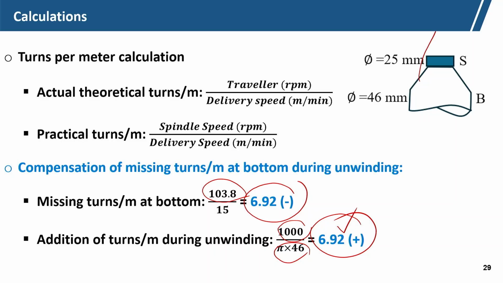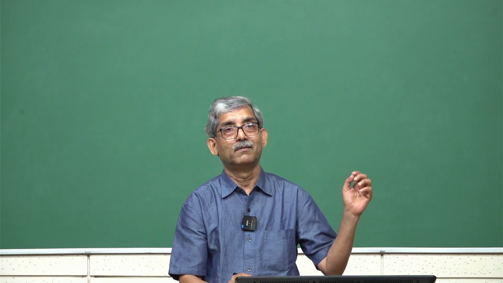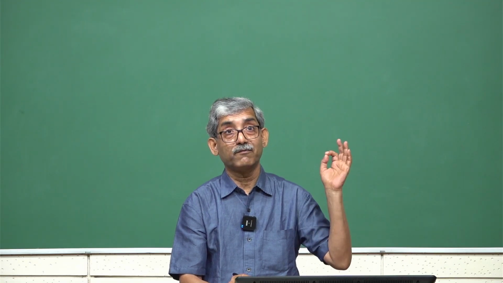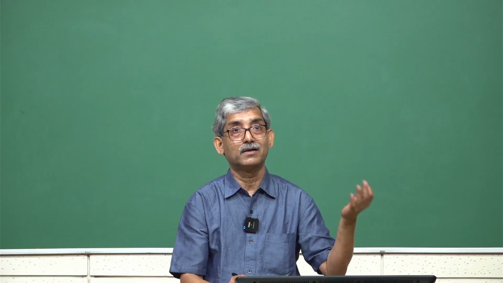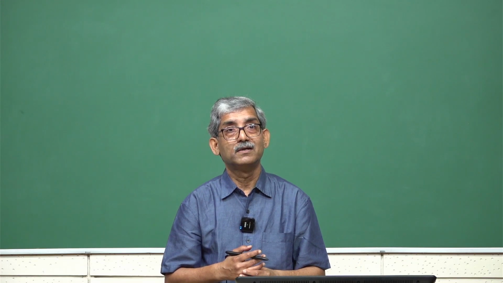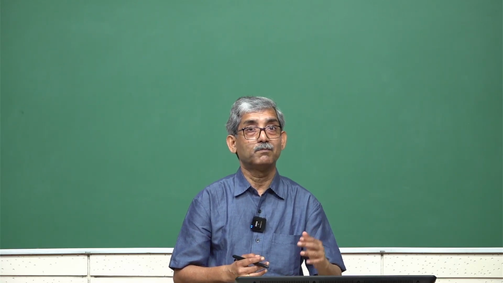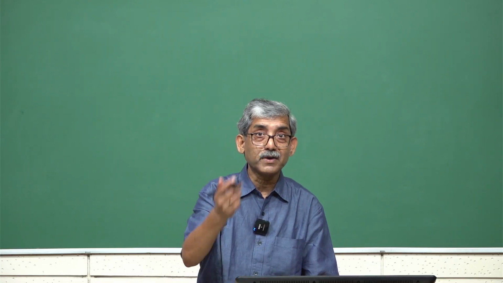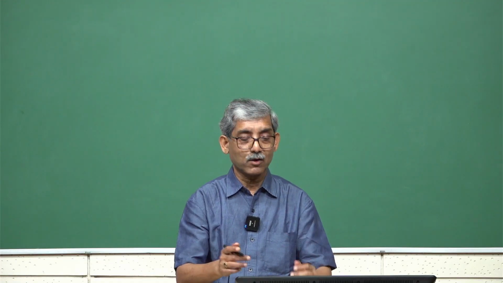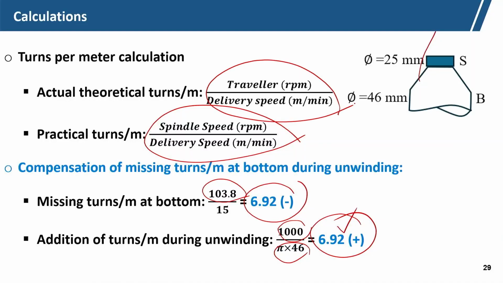So, after unwinding we will get the twist which is equal to the practical twist. The effective twist per meter is always spindle speed by delivery speed, but that is after unwinding; before unwinding the twist will be traveler RPM by delivery speed.